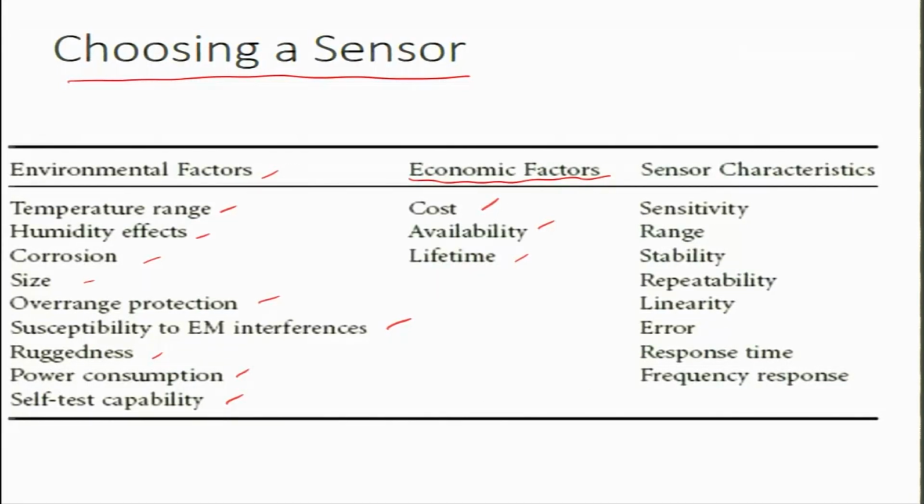There are also characteristic-based choices. For example, what sensitivity is needed by the sensor, what is the range across which it needs to operate, what is the necessary stability for the output, how repeatable would the sensor be, or what is the linearity that the sensor must provide. Is this linearity in a certain range?